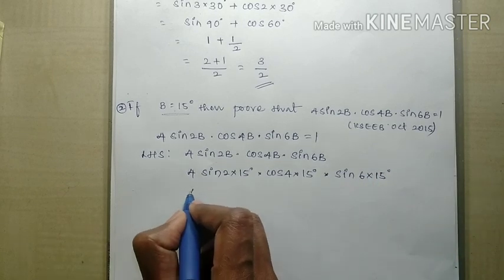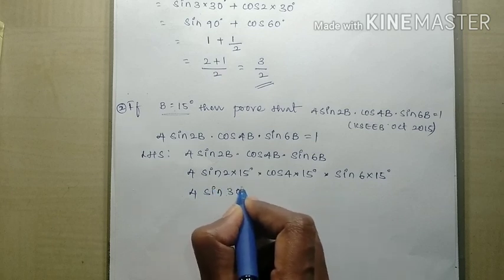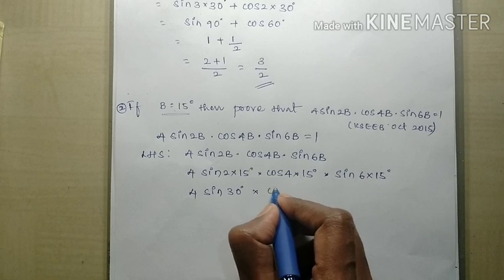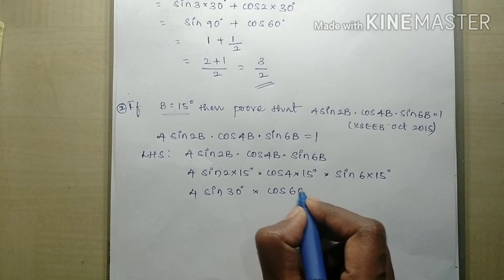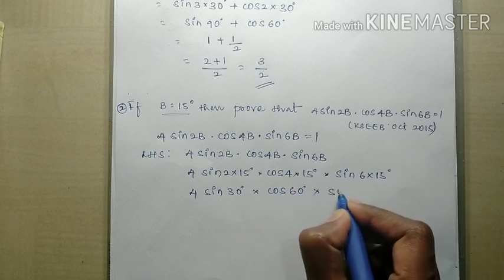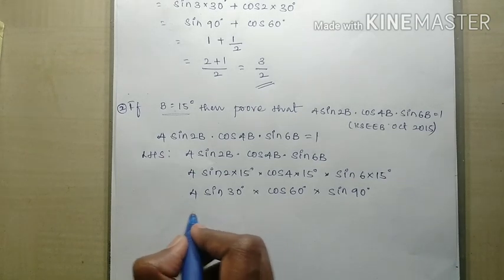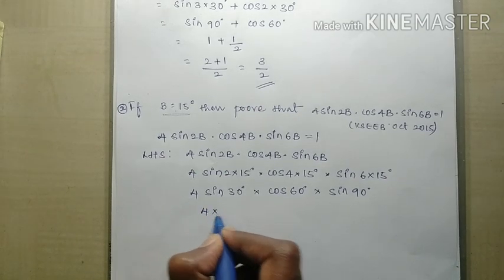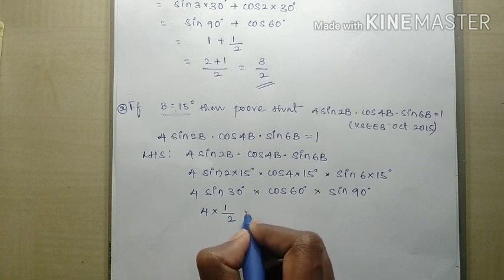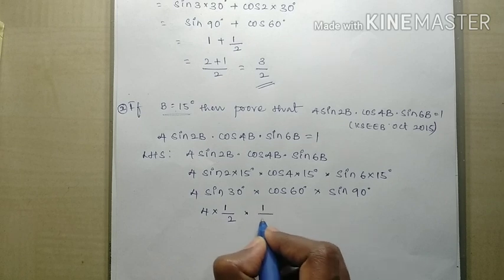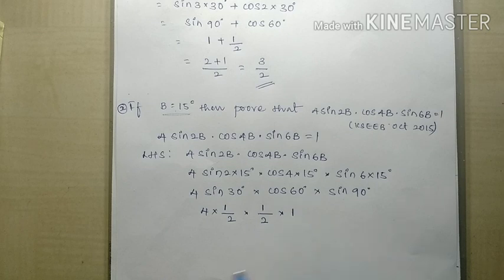So now 4 sin 15, 2s are 30 degrees, into cos 15, 4s are 60 degrees, into sin 90 degrees. So now this will become 4 into sin 30 is 1 by 2 into cos 60 is also 1 by 2 into sin 90 degrees is 1.